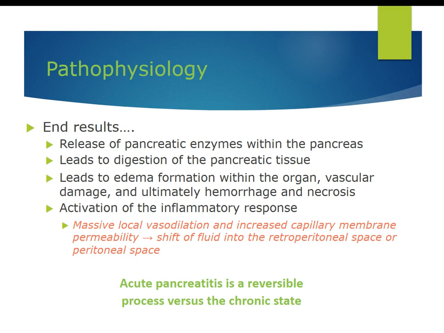The capillary beds within the pancreas become very leaky, and fluid will move out of the intravascular space into the peritoneal and retroperitoneal spaces. Ultimately, this could result in the development of systemic inflammatory response syndrome, better known as SIRS, S-I-R-S. You will also learn about this in due time. Early management requires careful considerations as to the cause.